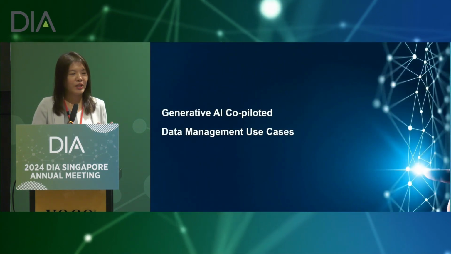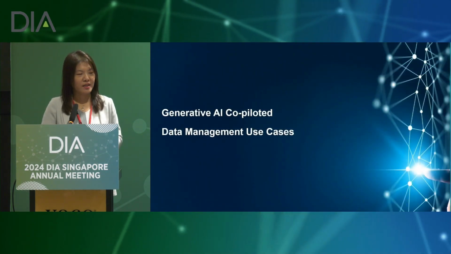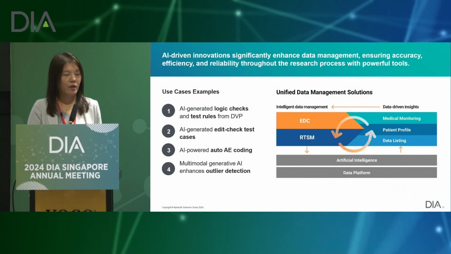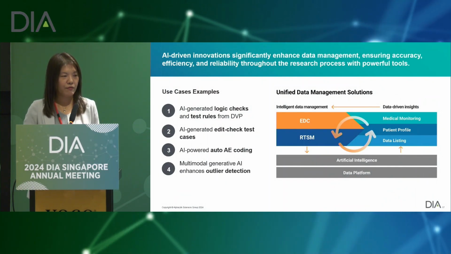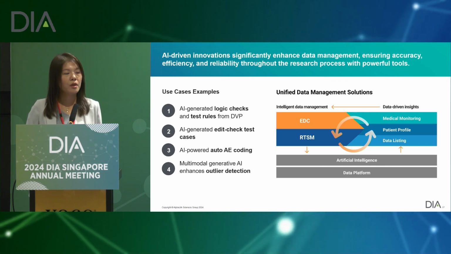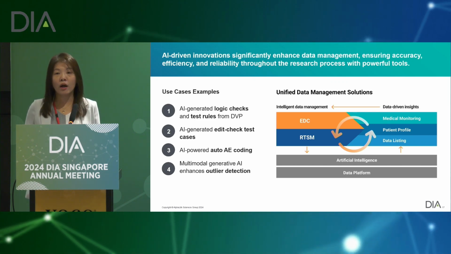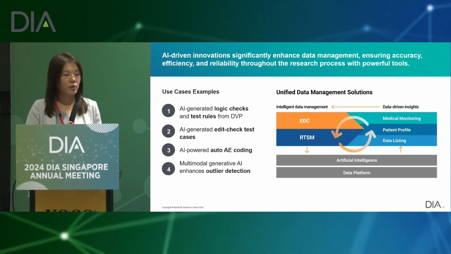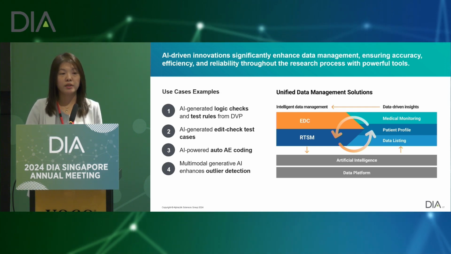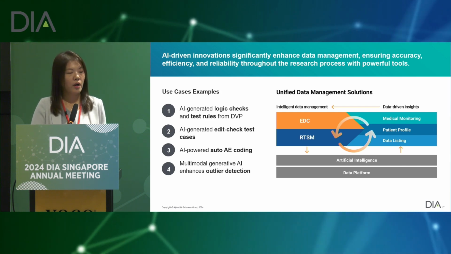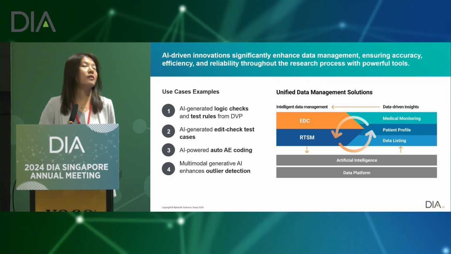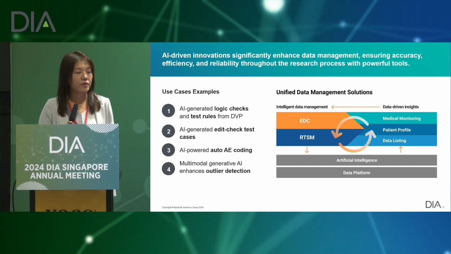Now let's switch gears to the data management use cases. In our AlphaLife Sciences platform with AI-driven innovation, as a unified platform, some of the use cases that we have applied to our end users are, for example, AI-generated logic checks and test rules from the data validation plan, or the edit checks test cases, as well as auto adverse event coding.